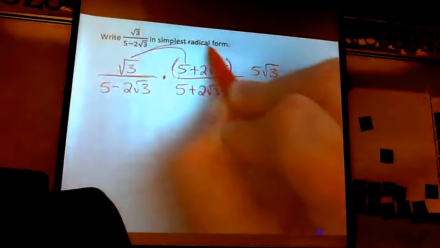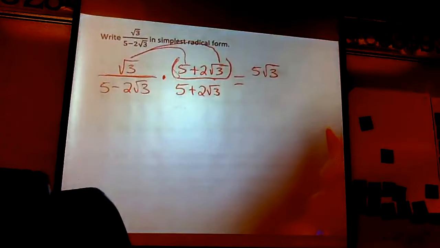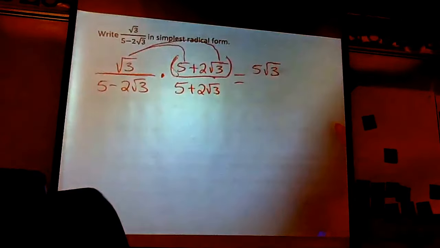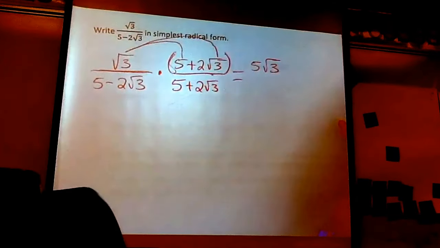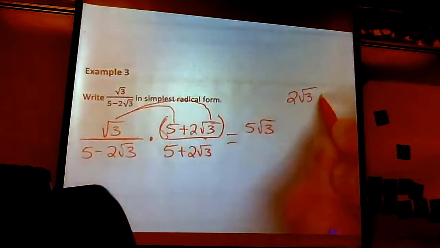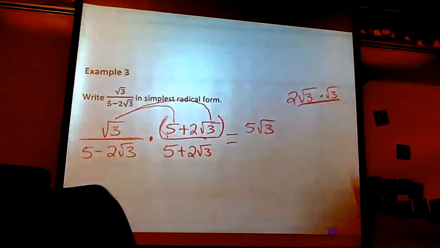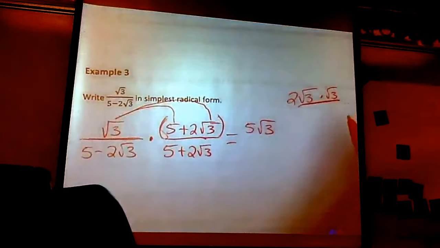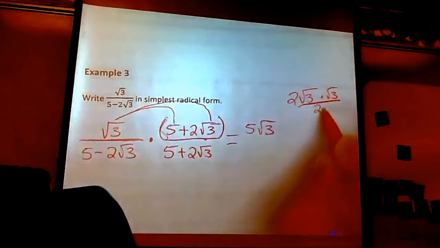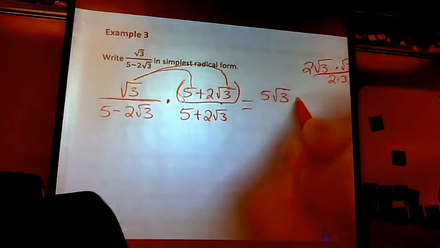Square root of 3 times 2 square root of 3, 2 square root of 3 times the square root of 3. What's the square root of 3 times square root of 3? 3, the square root of 9. Which means it's 2 times 3, it's 6.